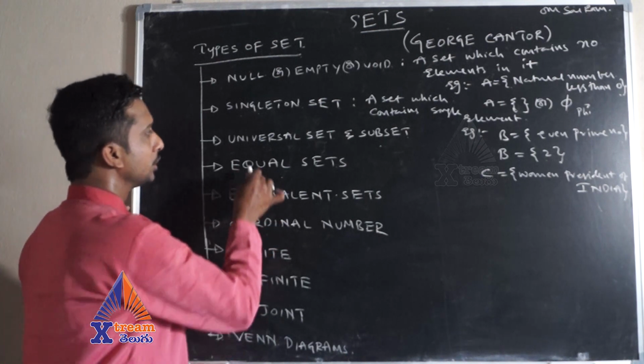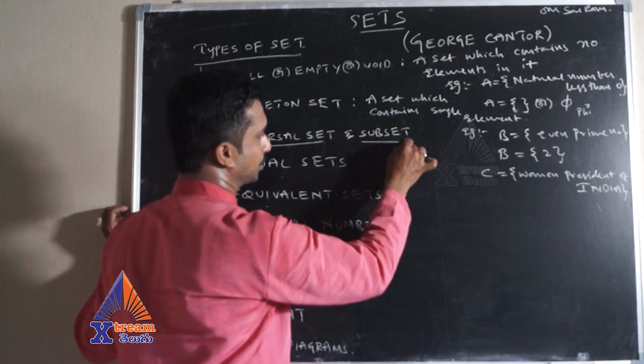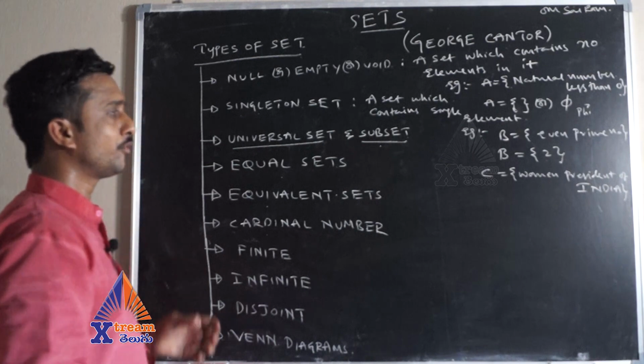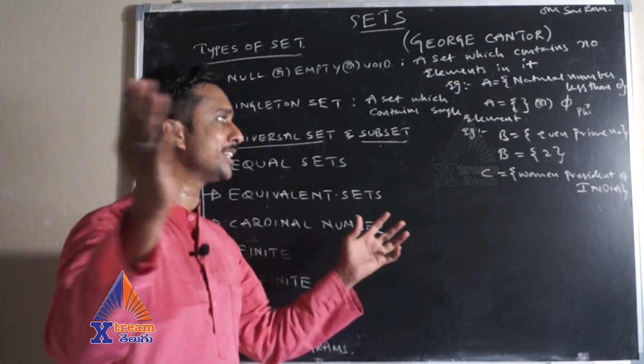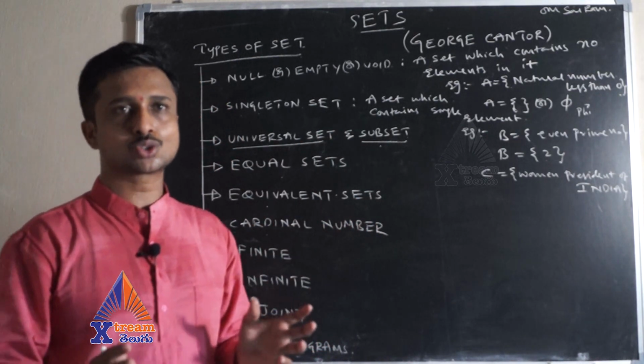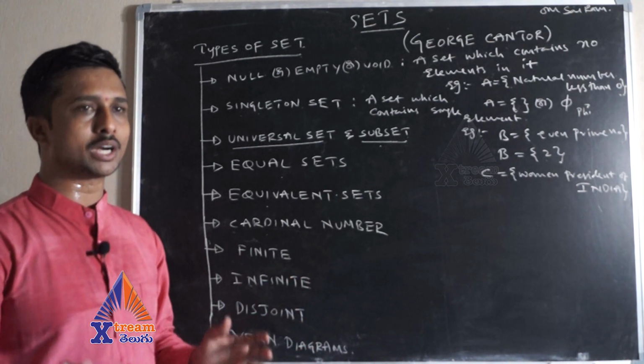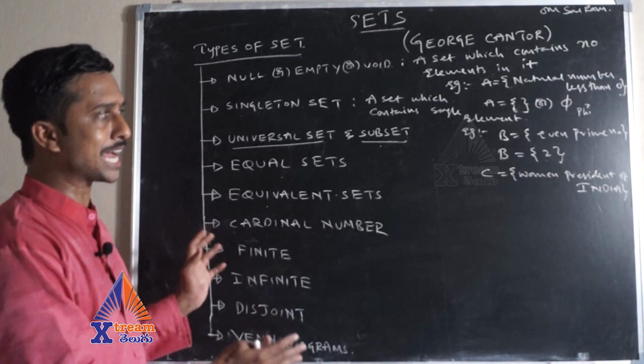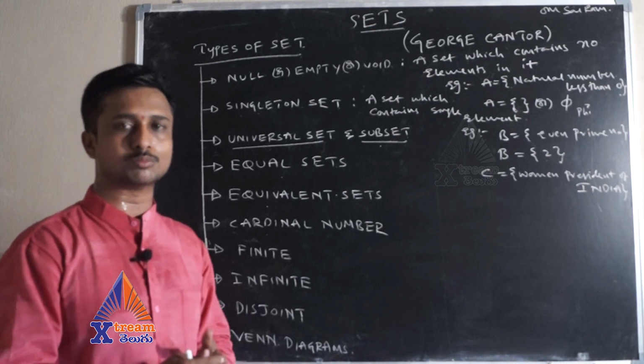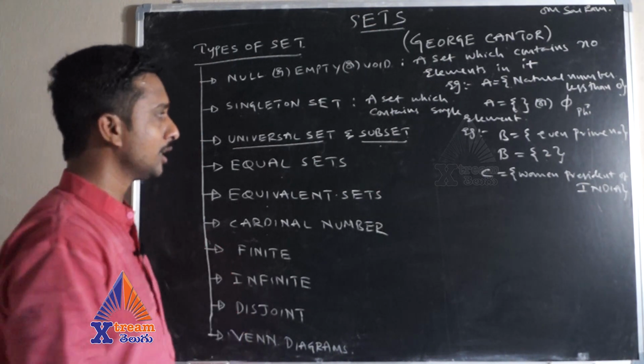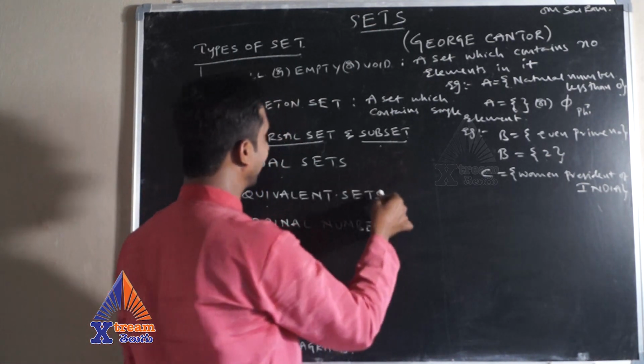Now you have universal set and subset. If I say this classroom is my full set, then within the classroom our bench or our blackboard is a part of the classroom, which is a subset. Let me explain by drawing a diagram.